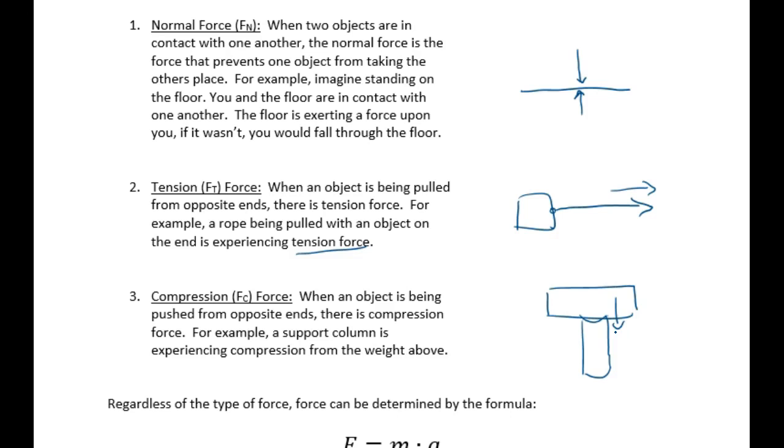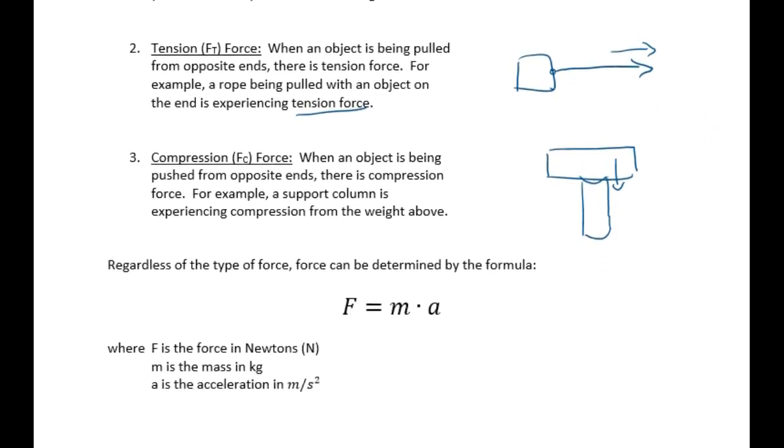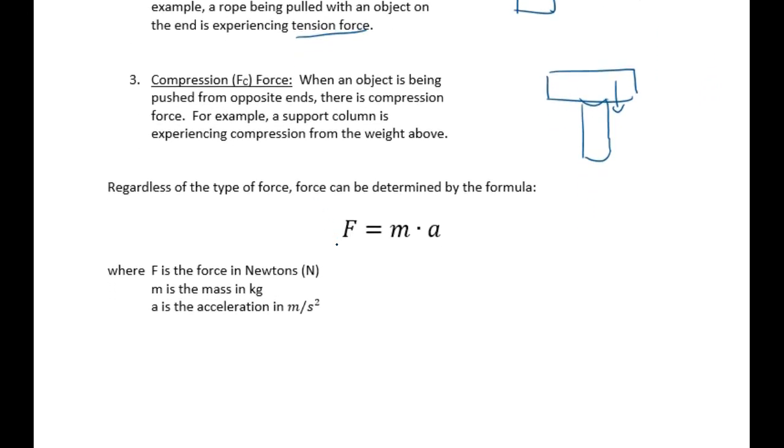So again, they're all forces that are related to each other, right? Whether it's a push or pull, or whether it's just the normal force that stops objects from sort of merging together. Regardless, there is a formula that we use for force, and that formula is the following.